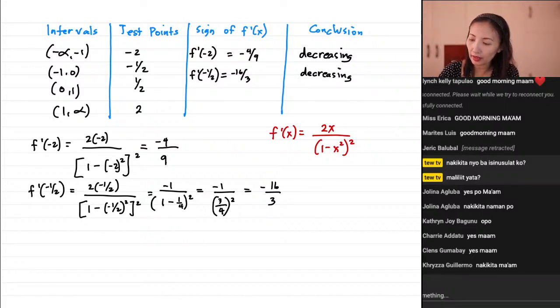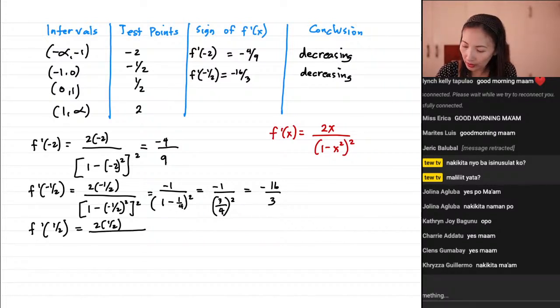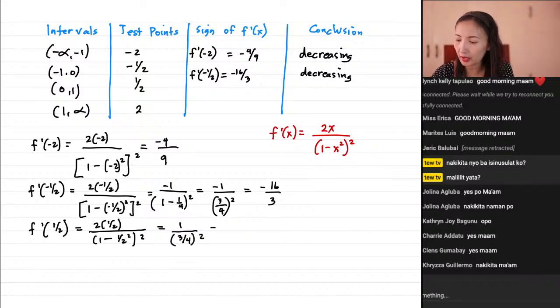Next, how about f prime of 1 half? What will it be? 2 times 1 half all over the quantity 1 minus 1 half squared. That is 1 all over 3/4 squared, which is 16 over 3, positive.